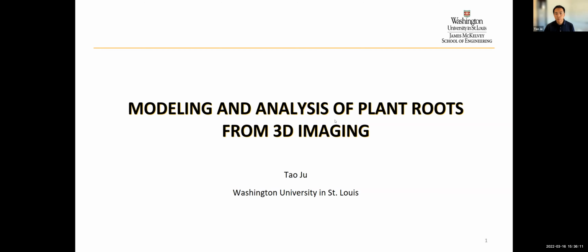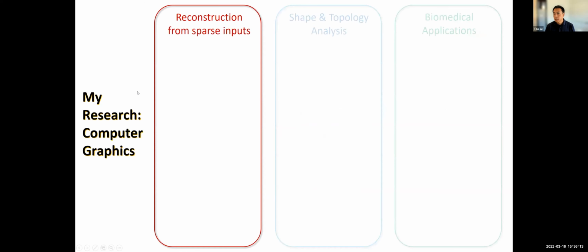As I said, my research is in computer graphics, with particular interest in creating 3D models. This is generally the problem called 3D reconstruction. I'm particularly interested in reconstructing from simple and sparse inputs, because that means you won't spend too much time or effort creating inputs to get nice 3D models out.